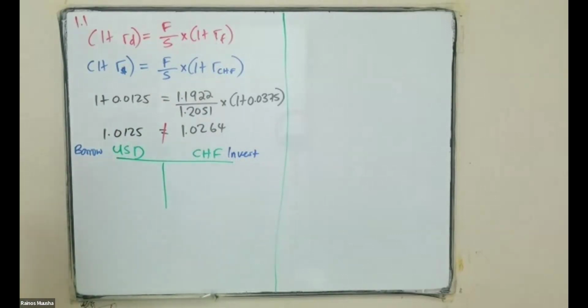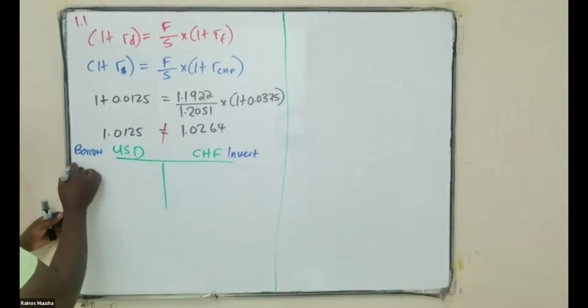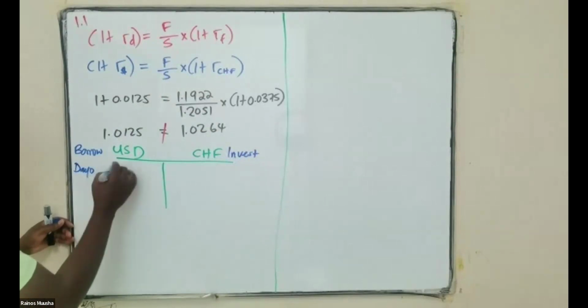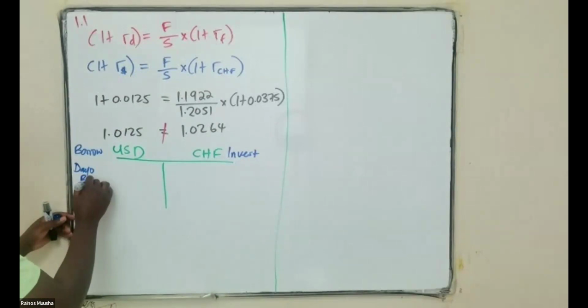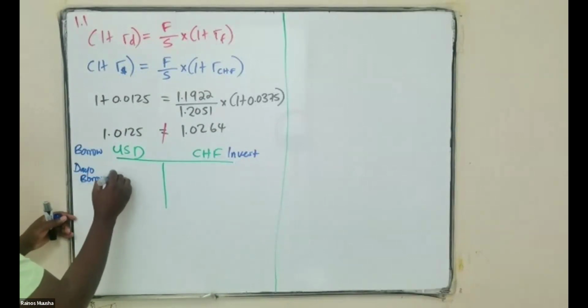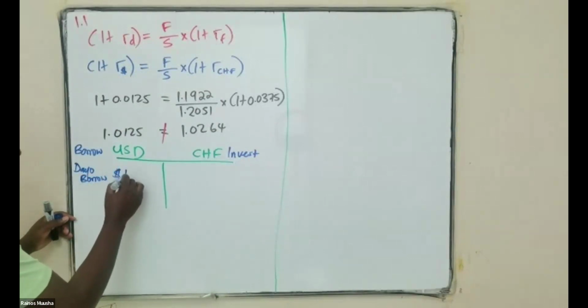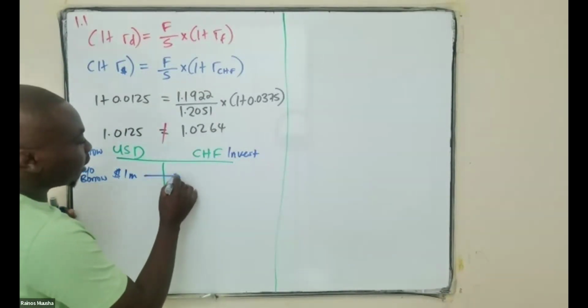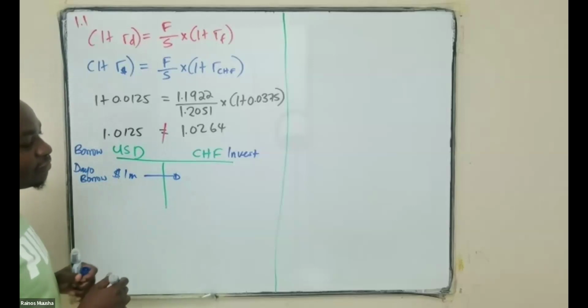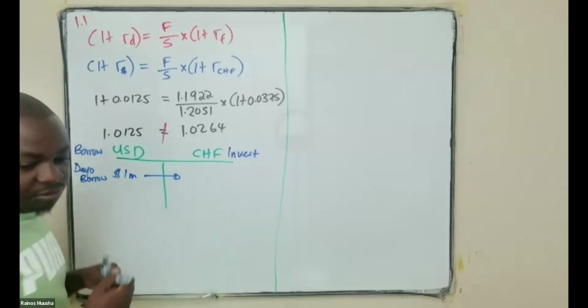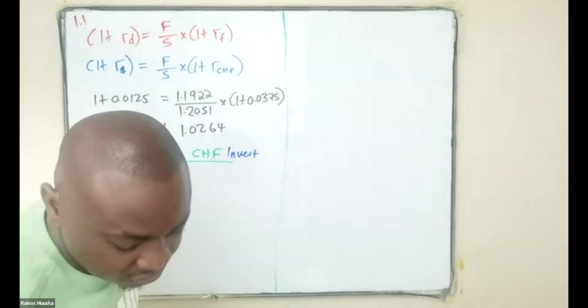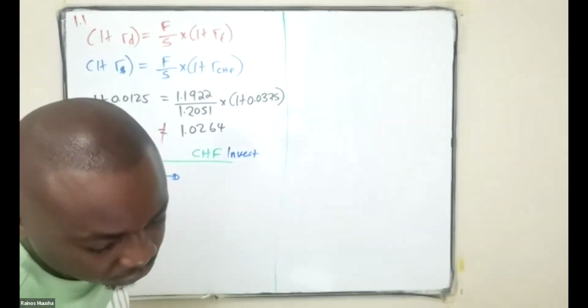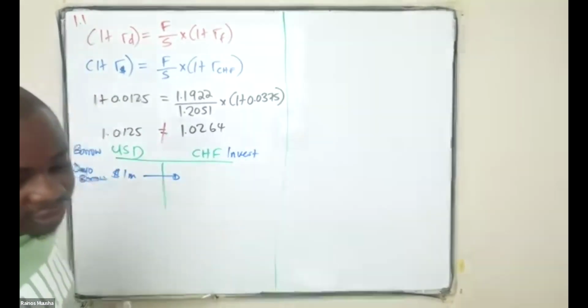So when you look at your T diagram, on day 0 you are going to borrow 1 million, convert it to CHF currency, and invest this money. It's over a 1 year period, isn't it?